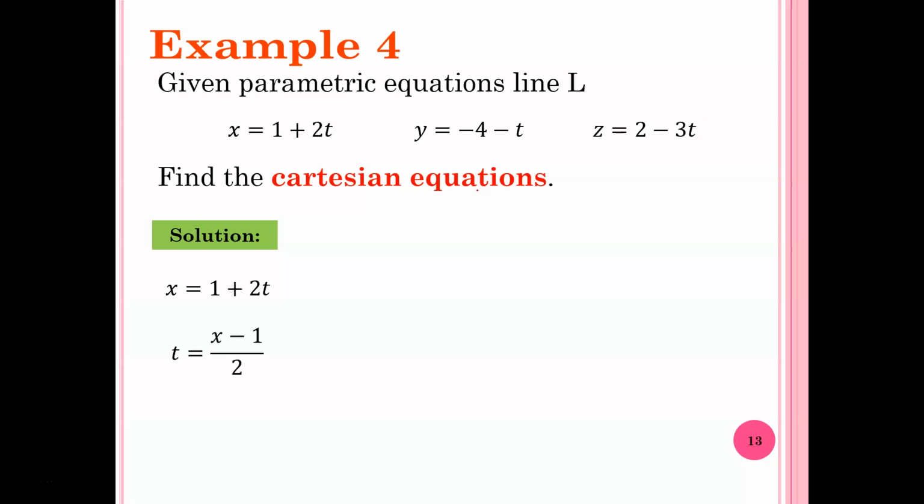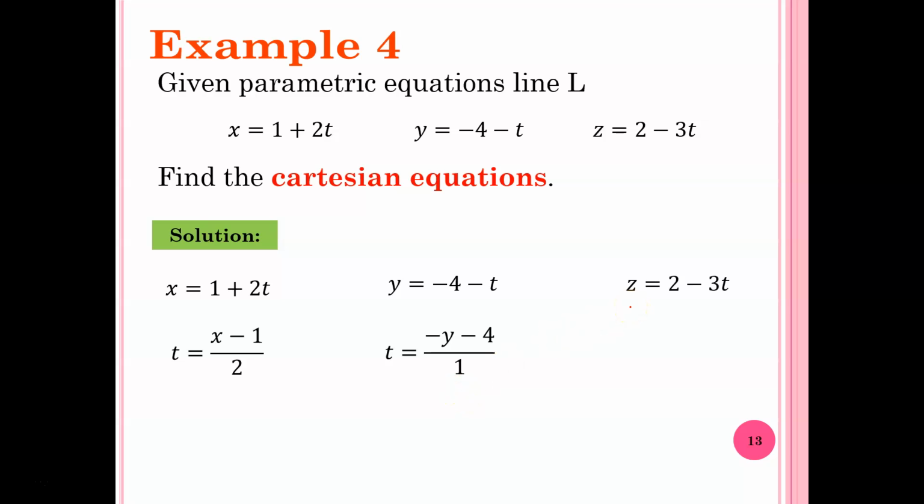Okay. Singkirkan that t. So kita bawa pindah x. This one bila you bawa pindah ke sebelah, it becomes x minus 1. And this 2 bila you bawa ke sebelah, it becomes divide. So this is for the x. And then we move on for y. Bila you pindahkan, you want the single t over here, y ni you akan bawa ke sebelah sini, negative y minus 4 divided by 1.